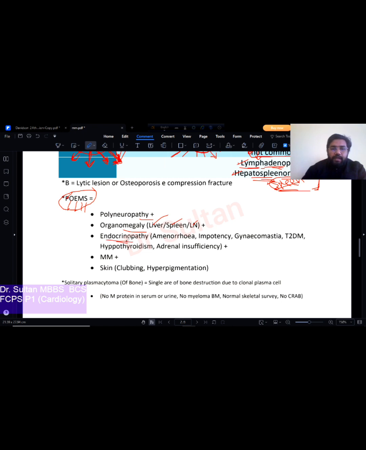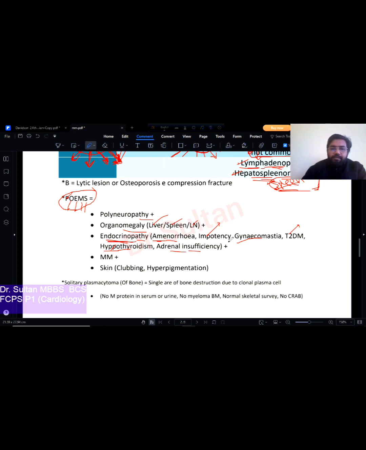So how can the endocrinopathy present? Like in case of women there can be amenorrhea, in case of male there can be impotency, gynecomastia. There can be other features also like type 2 diabetes mellitus, hypothyroidism, adrenal insufficiency. These are the evidence of endocrinopathy.